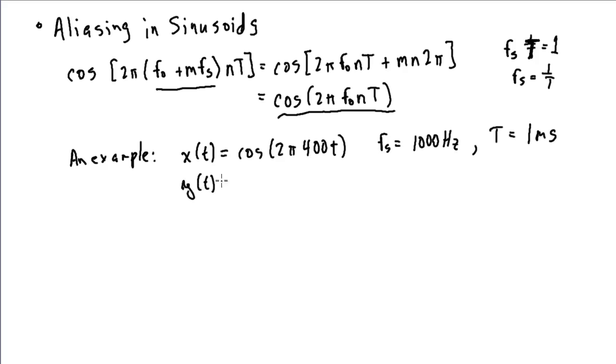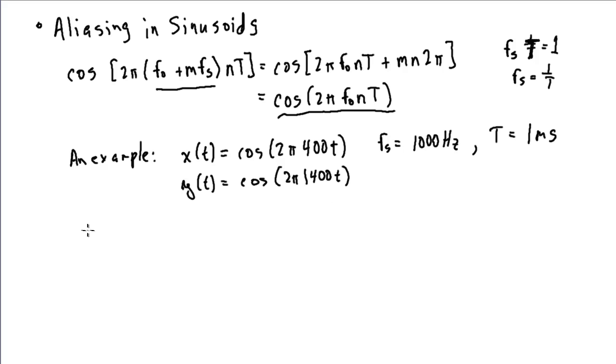But now let's look at what happens if we sample a sinusoid with a higher frequency. In particular, I'm going to let m equal 1 here, and then fs is 1000, and look at sampling this higher frequency signal now at the same sampling rate. Of course, I'm violating the Nyquist criteria here, and this is what's causing this problem.